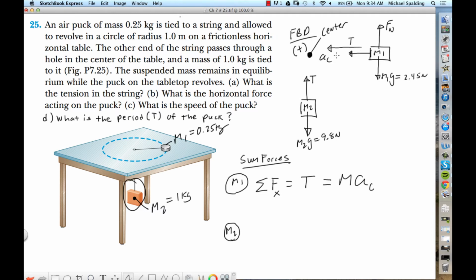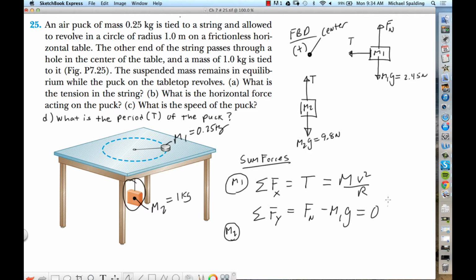The centripetal acceleration. Okay? Now, do we have an equation for centripetal acceleration? We sure do. What can we plug in for centripetal acceleration? v squared over r. So this is going to be v squared over r, so that's mv squared over r. All right, in the y direction, still on M1, we have normal force up and then M1g down.